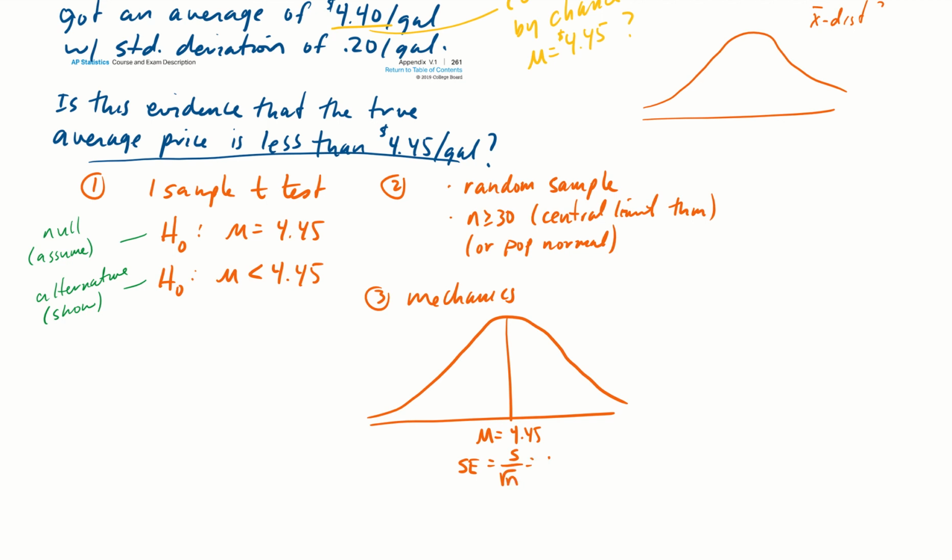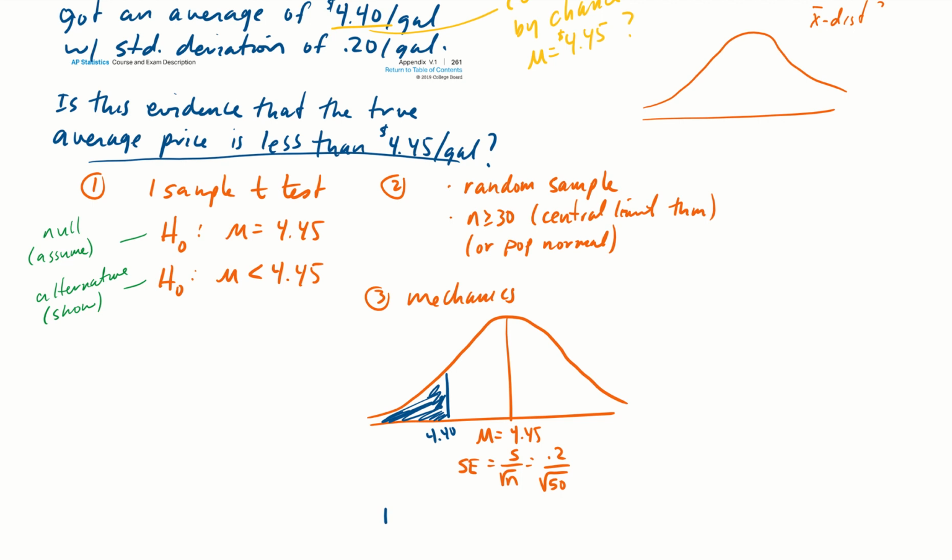My sample standard deviation is 0.2 divided by square root of 50. And what we're really asking is, my sample is 4.45, or I'm sorry, my sample's 4.40. How likely is it that I get that sample?